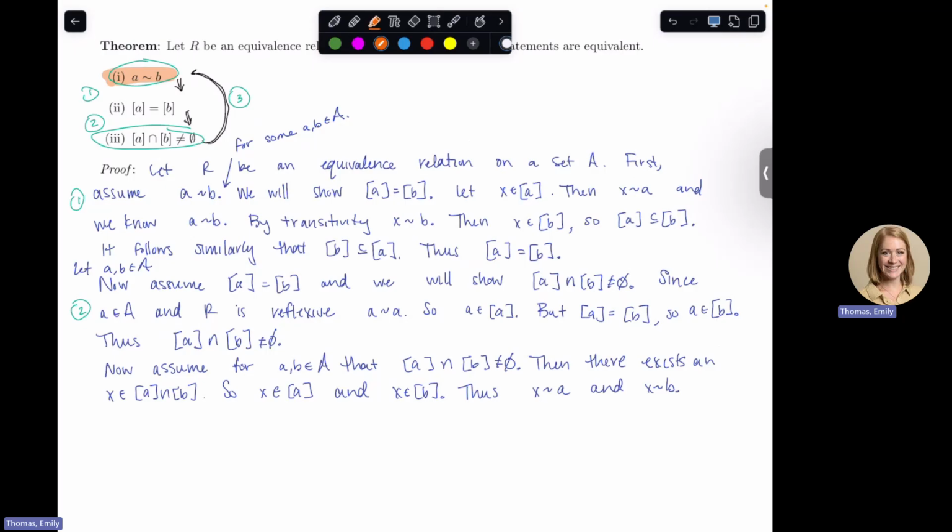Yeah, so we can flip these by symmetry and then use the transitive property to have A is related to B. By symmetry, A is related to X, and by transitivity, A is related to B.